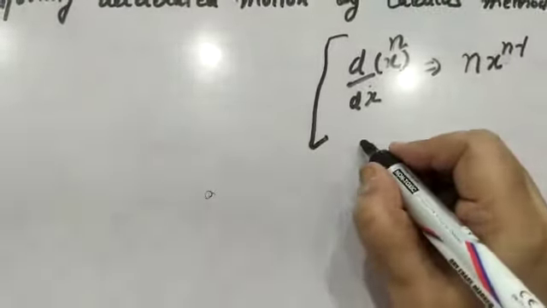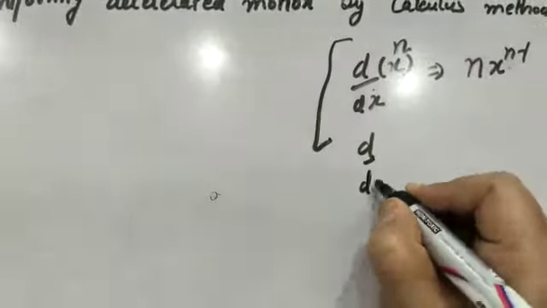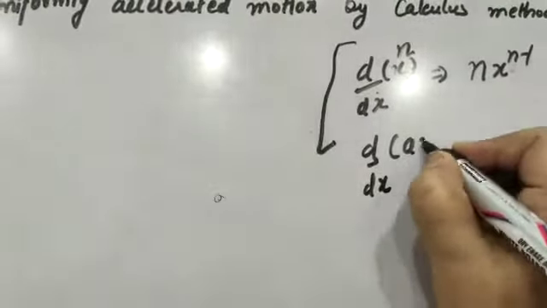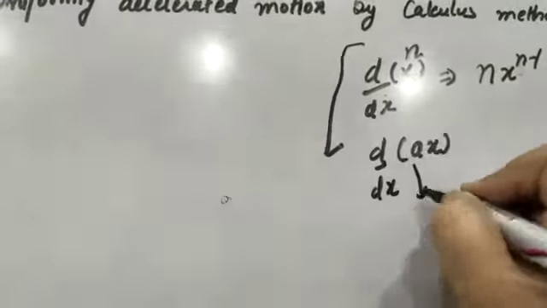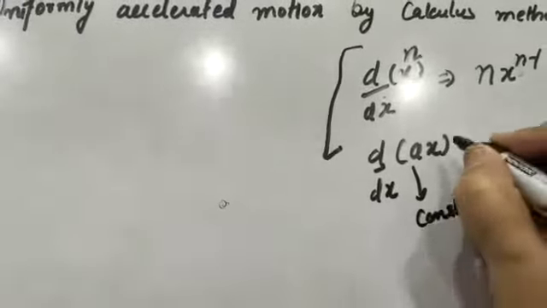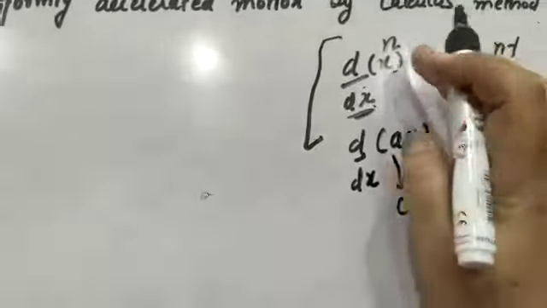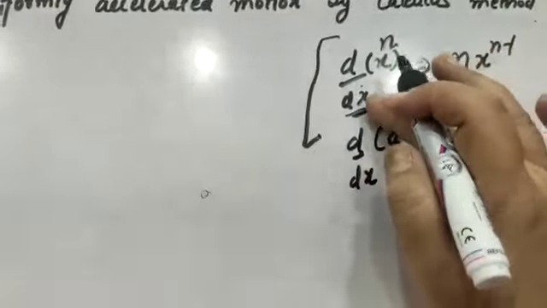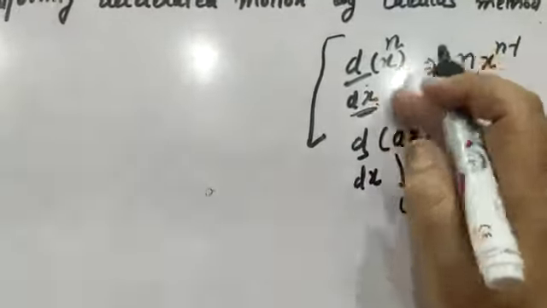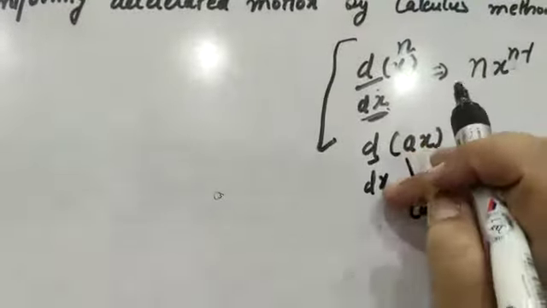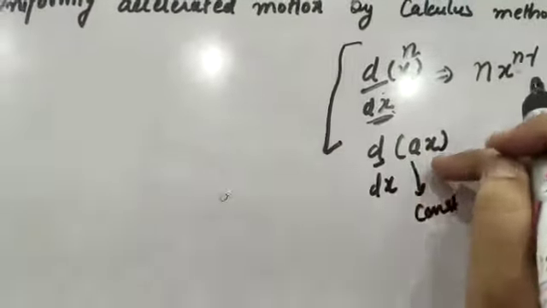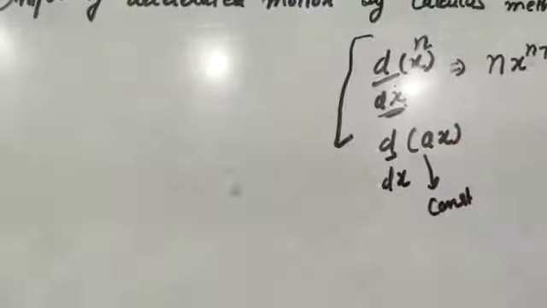And if we are having d by dx of suppose ax, where a is constant and x is variable. Keep in mind, whatever is written here shows that the function which is having this quantity will be a variable, and since a is not a function of x, that is constant, but x is a function of x, so this is a variable.